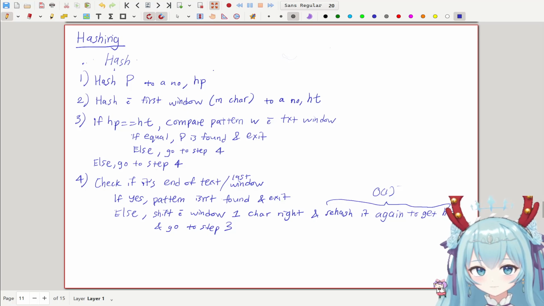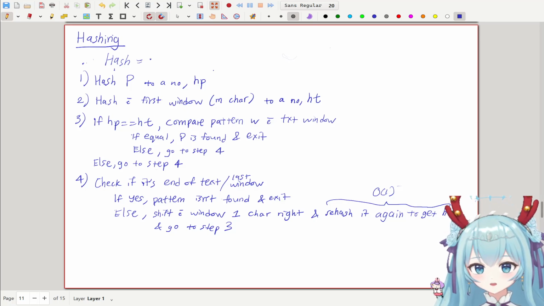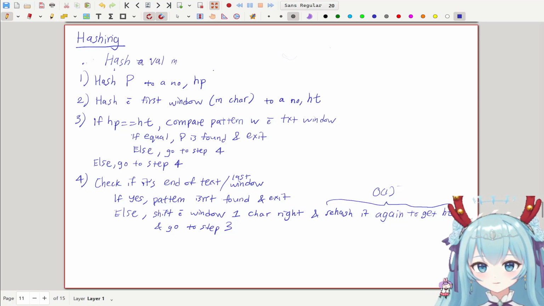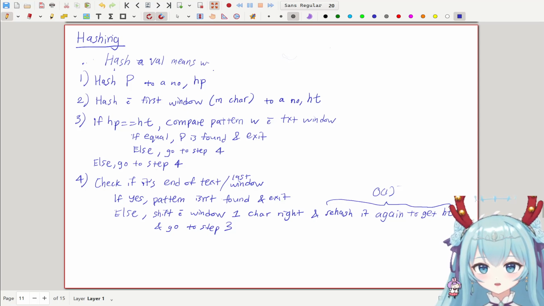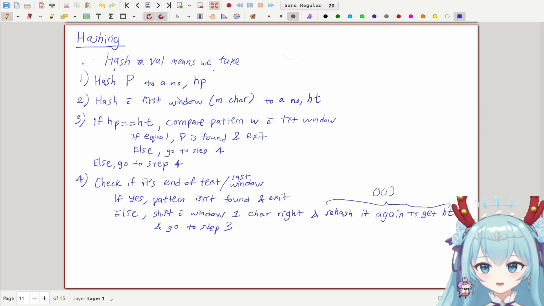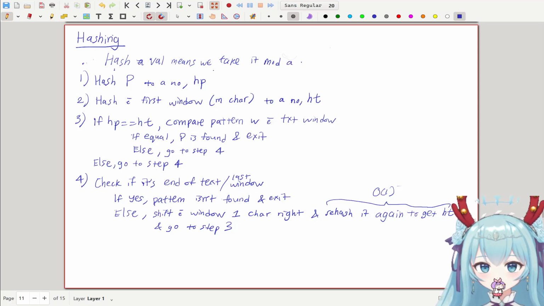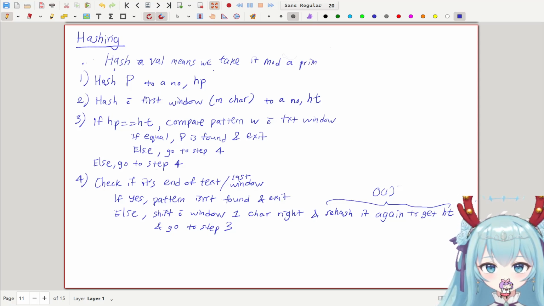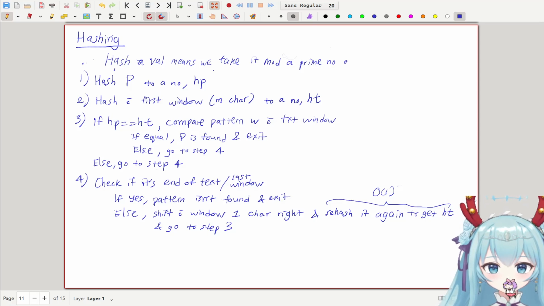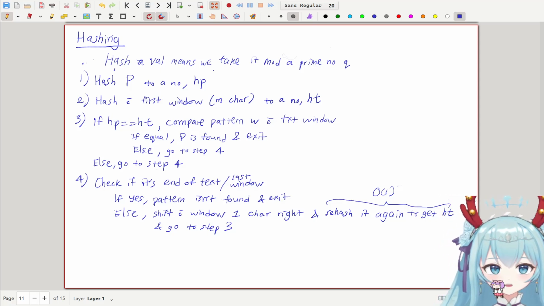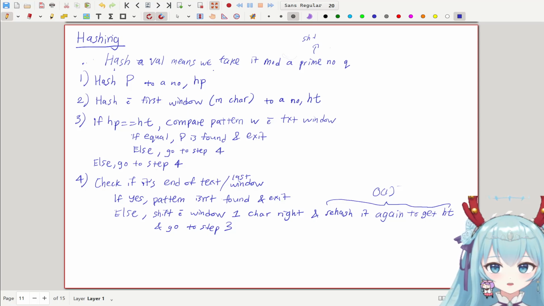Hashing a value means we take it mod a prime number q, and it should be large.